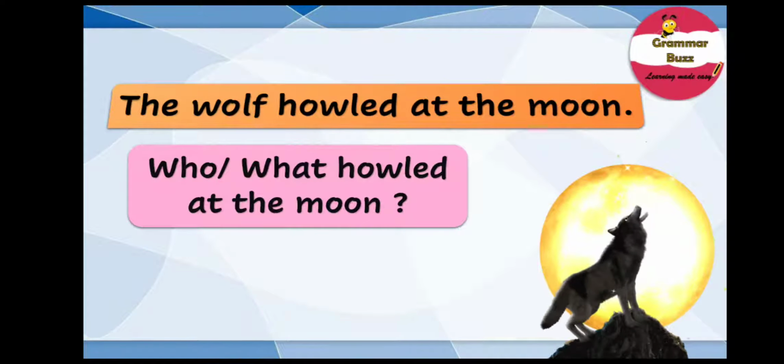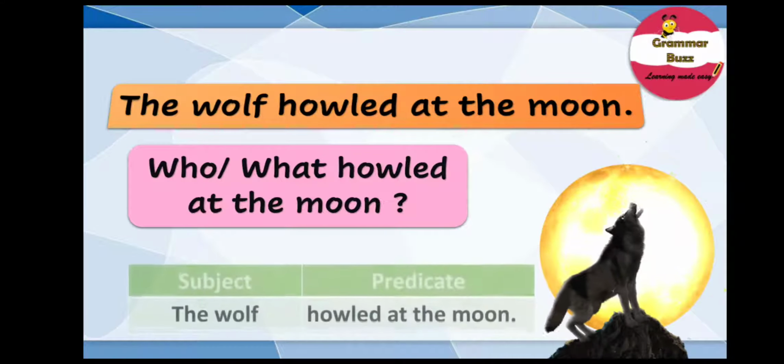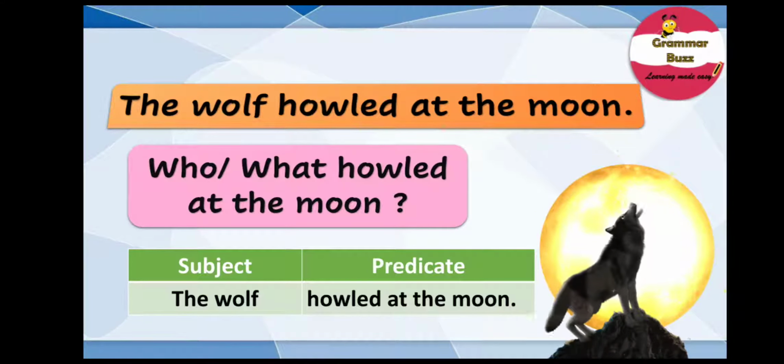The wolf is the subject in this sentence, which is performing the verb howled. Therefore, the wolf is the subject and howled at the moon is the predicate. Note, the predicate contains the verb howled and the wolf is a noun. Remember that subjects can be a noun or a pronoun? I guess you do.